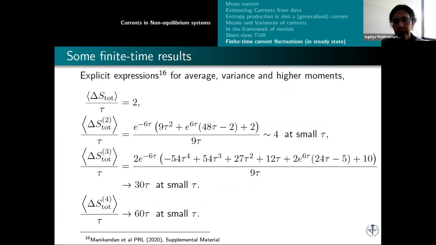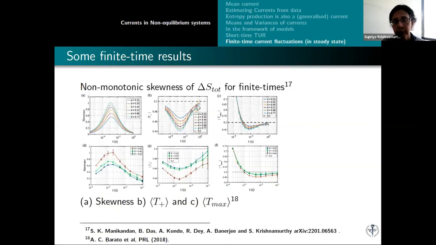And we see that, at least in these overdamped Langevin systems, even if they are non-linear, so there's some numerical work on that as well, the skewness is non-monotonic: it starts off at 0, increases, goes back to 0 again, and it seems to get more and more skewed as we look at systems which have larger and larger entropy production.